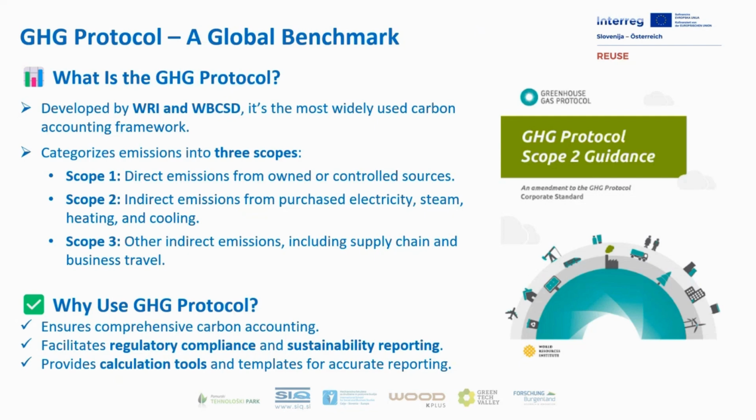The GHG Protocol is widely used by companies around the world, especially when they prepare sustainability reports or need to comply with regulations. It also provides tools and templates to help organizations do their calculations correctly and consistently, which makes it a solid foundation for any serious carbon management strategy.